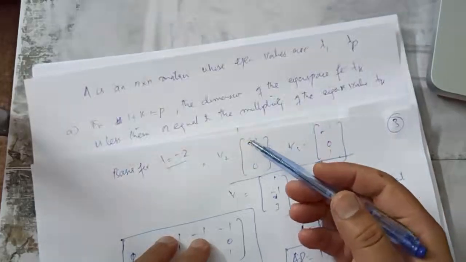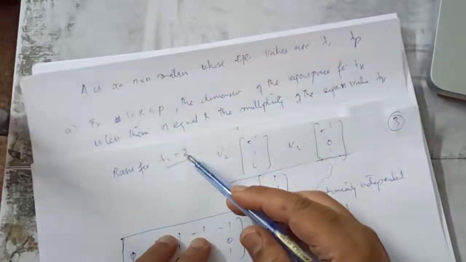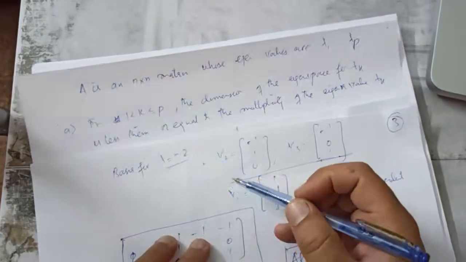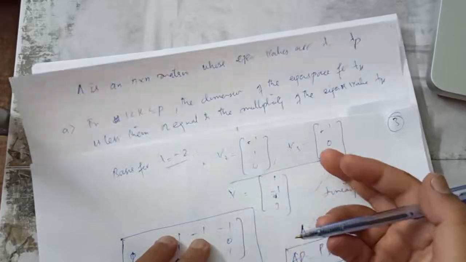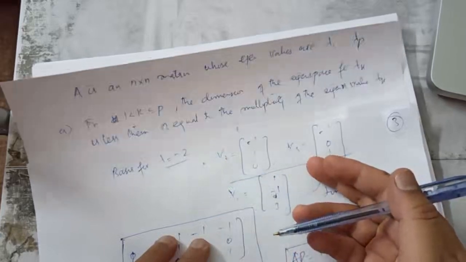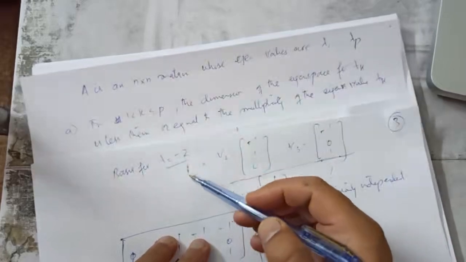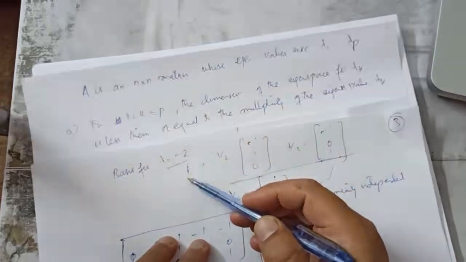The minimum could be no vector, or only one vector, or at most two vectors corresponding to an eigenvalue with algebraic multiplicity.